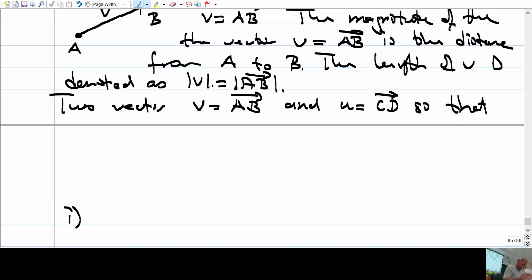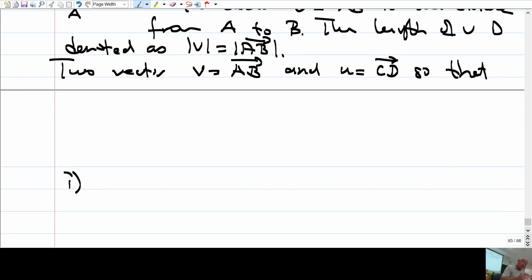We denote it like this: length of V, or the length of the line segment from A to B.